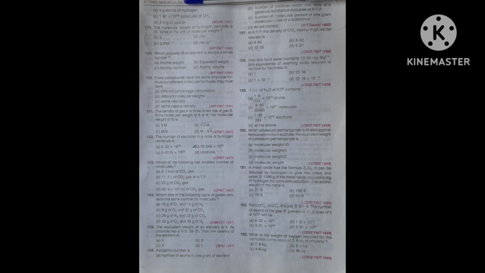The atomic weight of the metal is: option A 27.9, option B 159.6, option C 79.8, option D 55.8.